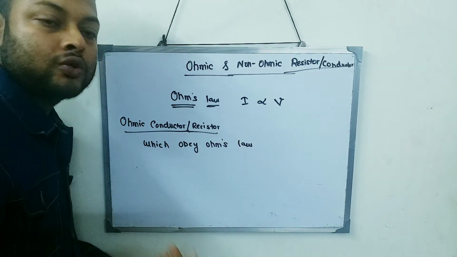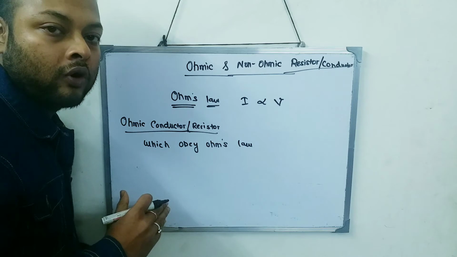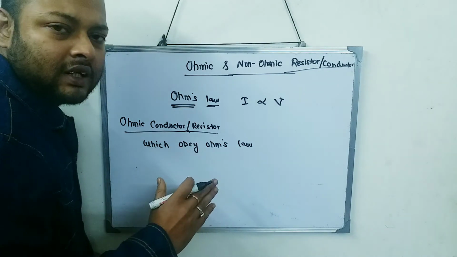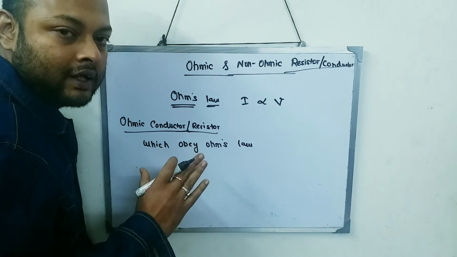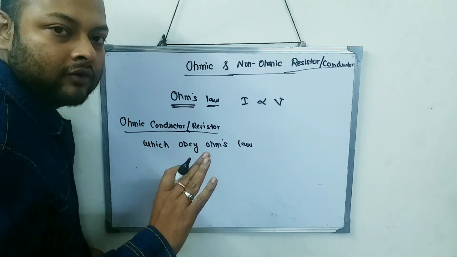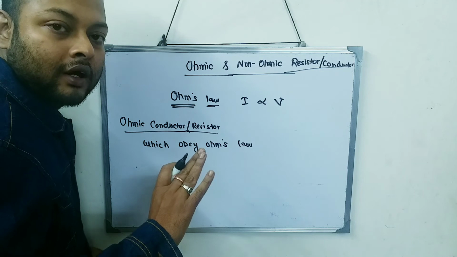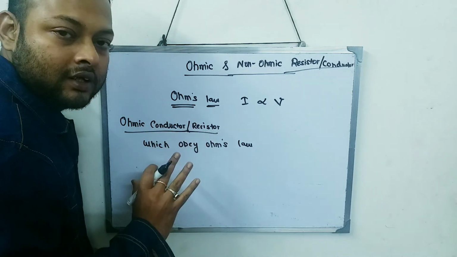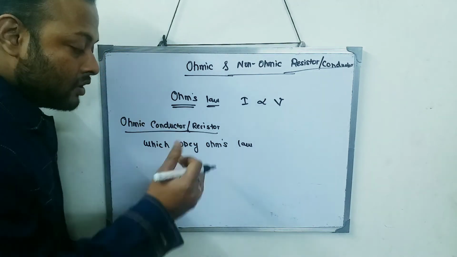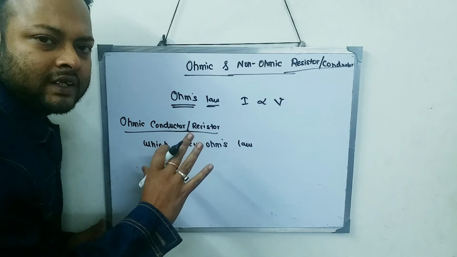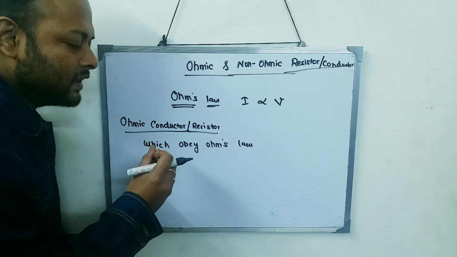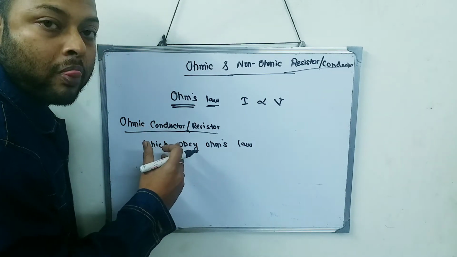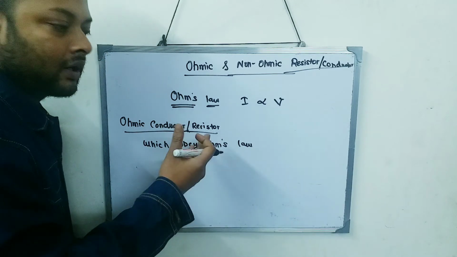By the definition, you haven't got much of an idea, but I'll give you the full derivations and everything so that this definition is understandable to you. So let's first deal with the basic definition part. Any conductor which obeys Ohm's law is called an ohmic conductor.